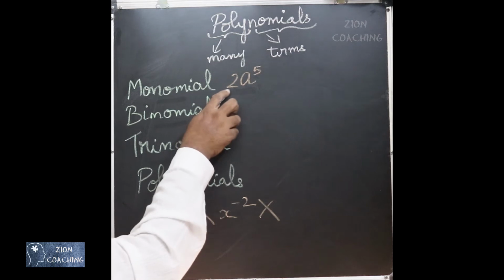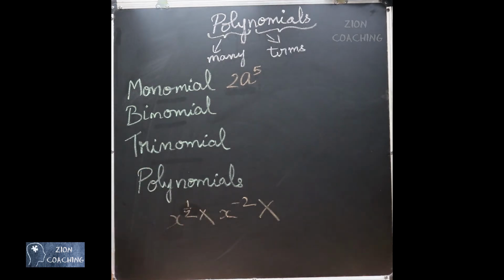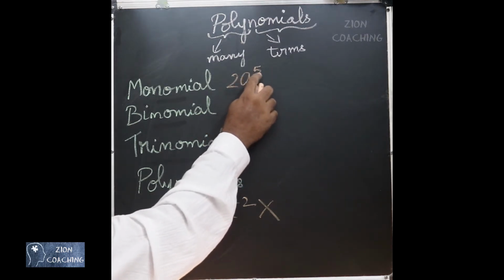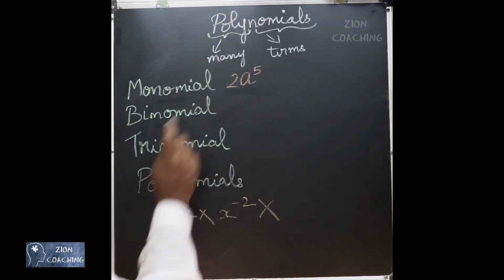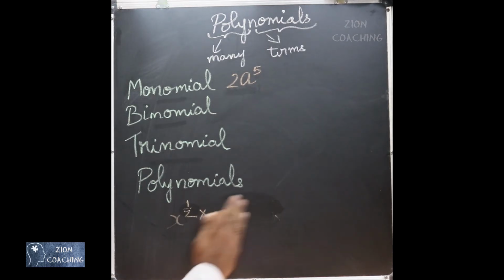A polynomial can have any number as its coefficient. It can take any real number. For example, it can be root 2 or 0.25 or any number. But when you consider the variable, the power should always be a positive integer only. It cannot take rational numbers or negative numbers.